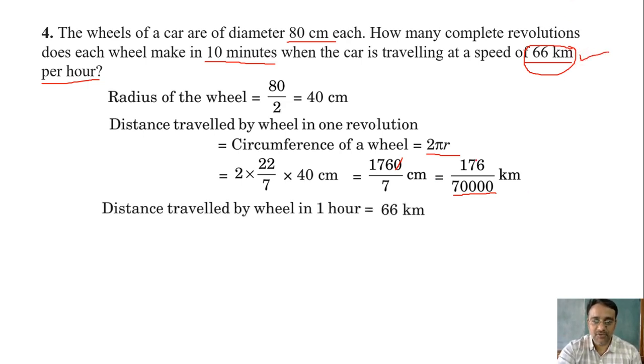So number of revolutions, तो इतना total distance travel हुआ है और एक revolution में इतना है, तो इन दोनों को divide करेंगे तो we'll get the number of revolutions.